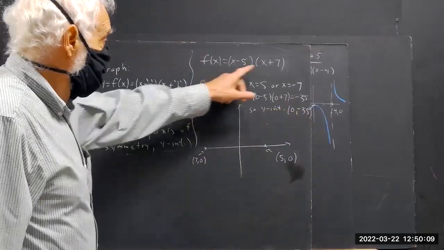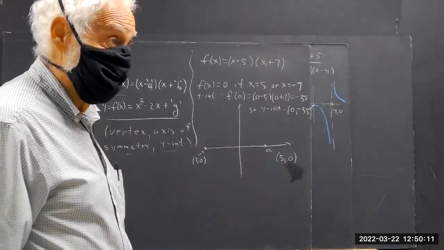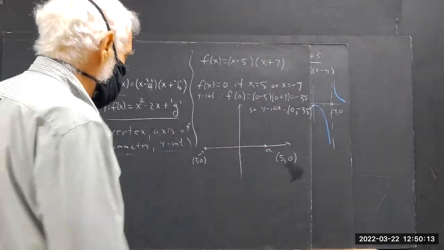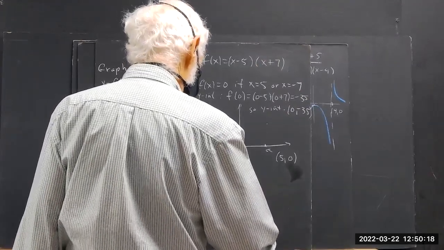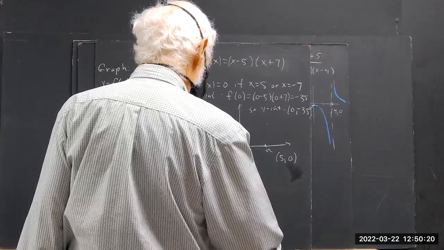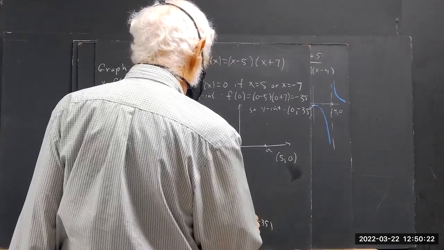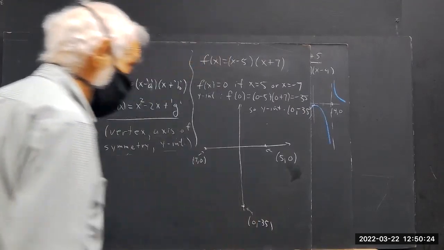We plug in 0, we get -35. Pretty obvious. So now we know that we have -35, and I think I did that correctly.